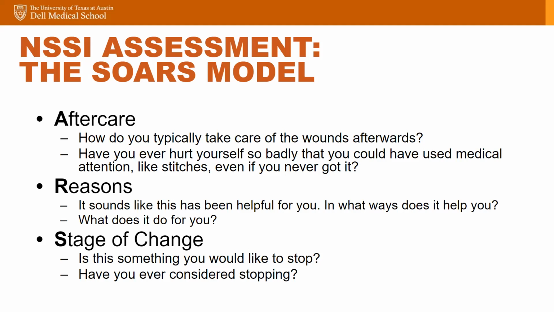Is a kid, for example, using a napkin and dabbing their wounds afterwards? Are they cleaning them out with water, just more superficially? Is there significant bleeding that happened, which would obviously be concerning? Do kids need significant bandages after they self-injure, which again would be a significant concern clinically regarding safety, and suicide risk, for example, would be elevated if that were the case.